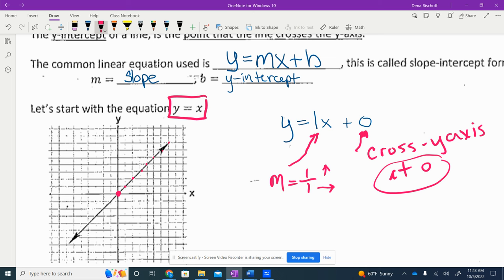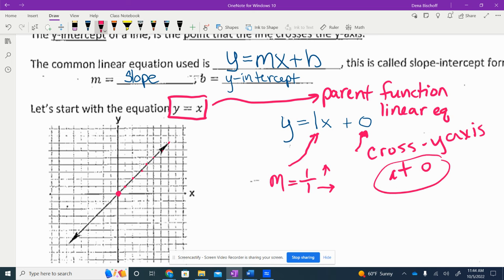So this equation right here, y equals x, is called the parent function of a linear equation. It's the parent function of a linear equation. And that's just how all linear equations started. Had a slope of 1, it crossed at 0.